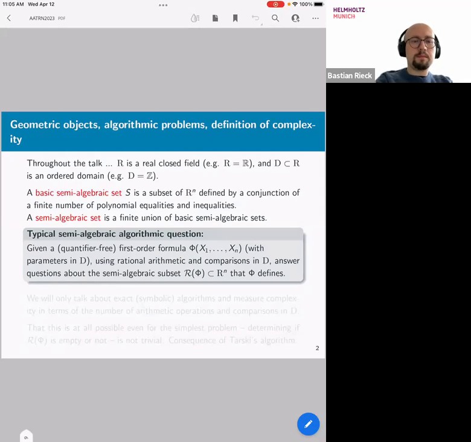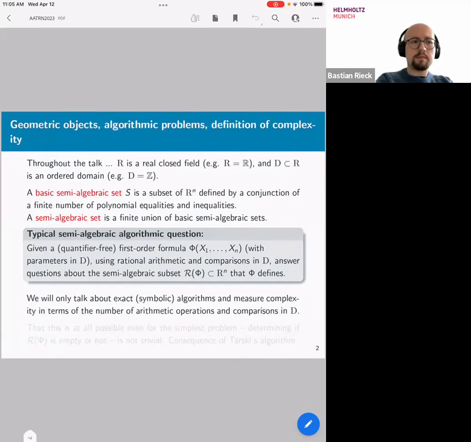If you are given some first order formula, by which I mean a Boolean formula whose atoms are polynomial equations and inequations, you are supposed to answer, using only rational arithmetic and comparison in the domain of coefficients, maybe just the integers, questions about the semi-algebraic subset that this formula defines.